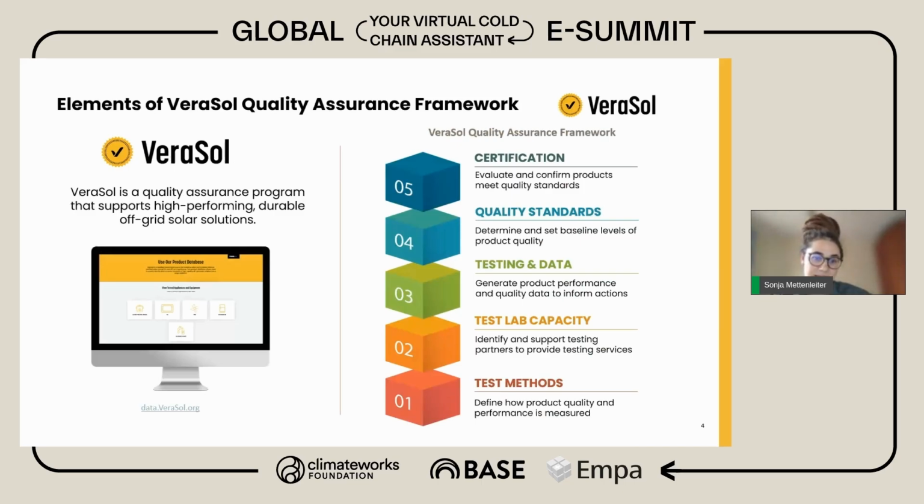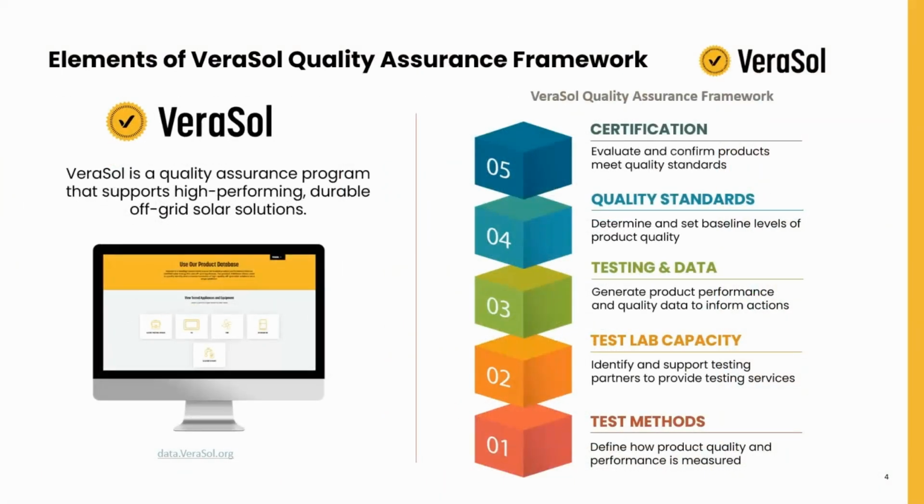In the next step, testing partners have to be identified that can offer those test lab services, and then product performance and quality data has to be made accessible. And then, of course, there has to be a baseline of product quality, and the end step is actually to get certification for the products.